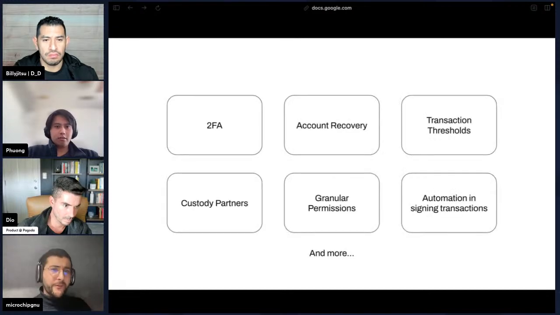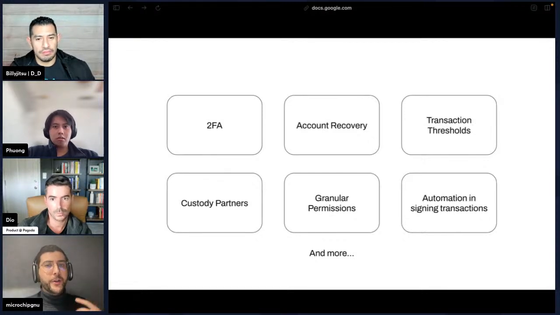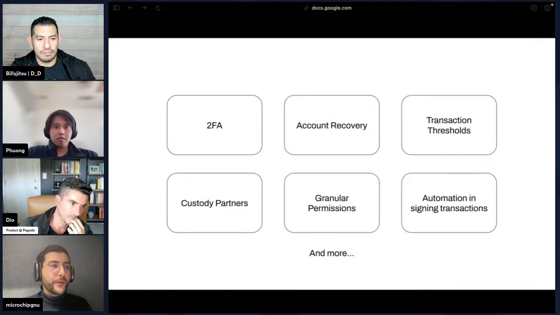Many of the things Dio already mentioned, I try to cover basic ones here, like two-factor authentication, where you can enhance security beyond just a basic private key, account recovery options, like FastAuth, allowing you to recover the account with an email, customizable transaction rules, and automated transactions, allowing for scheduled or condition-based transactions. A lot of things.